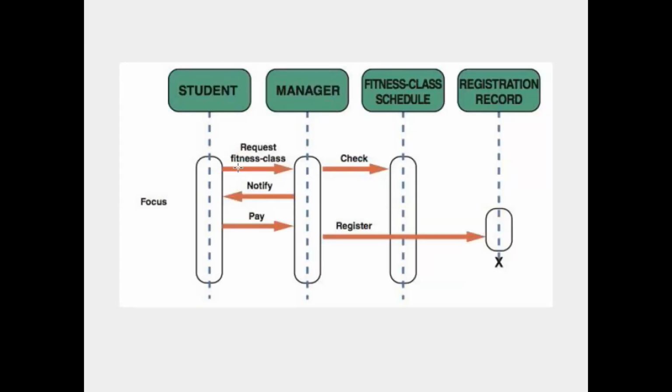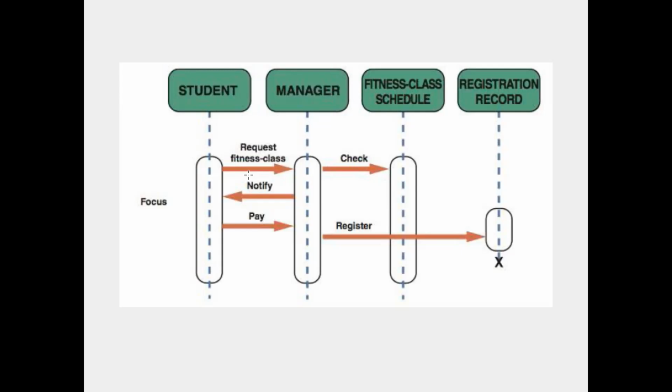When you talk about this exact happening and the timings, we first have to list all the classes involved here. It could be student, manager, fitness class schedule, and registration record. You see that the student is the one who starts this interaction. First, the student requests a fitness class from the manager.